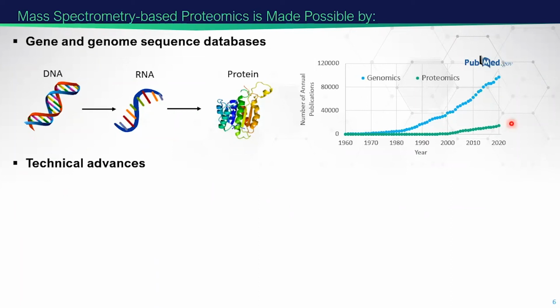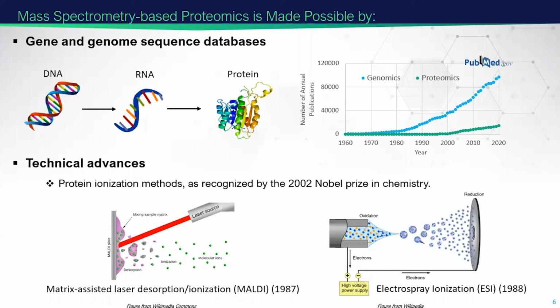That's why if you check the publications of genomics and proteomics in PubMed, you will see a more rapid increase in genomics than proteomics, earlier than proteomics. And mass spectrometry-based proteomics is also made possible by ionization techniques.